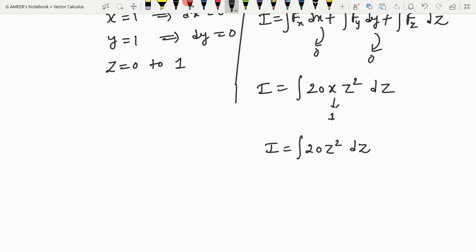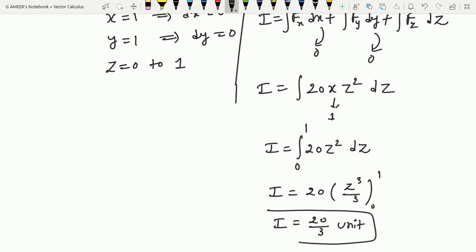It will be z cube by 3, varying from 0 to 1. So I is equal to 20 into z cube by 3, going 0 to 1, that is 1 by 3. Then I is equal to 20 by 3 units. I is equal to 20 by 3. Okay, fine. So this is the way of solving the problem.